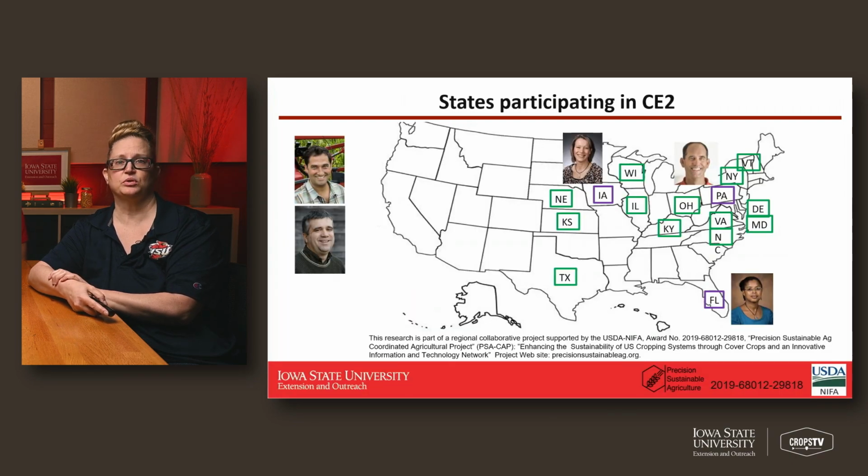So the locations that were participating in Common Experiment 2, you can see here across the United States, there were 16 different locations. The co-PIs of this project were Stephen Mirsky from the USDA and Chris Reberg-Horton from North Carolina State. And we had plant pathologists, entomologists, and weed scientists at the 16 different locations that made up this group.